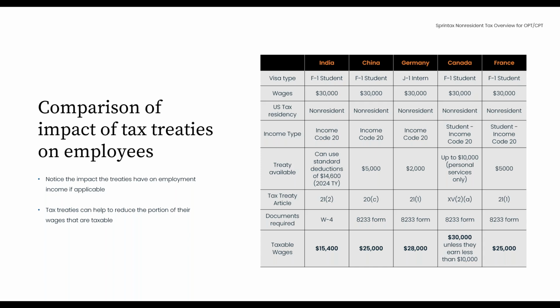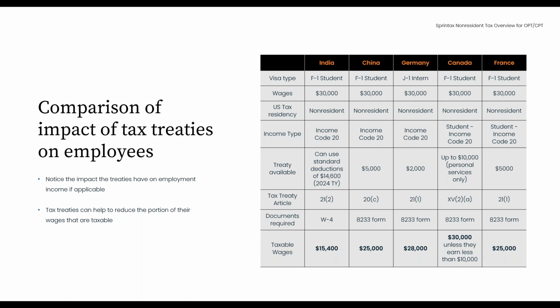Next, we have a breakdown of some tax treaty examples for F1 students from India, China, Germany, Canada, and France. The same employee, being a non-resident F1 student, earning $30,000 in wages as income code 20, is taxed quite differently depending on the tax treaty. For example, the student from India's taxable wages are $15,400, as they can claim the standard deduction of $14,600.